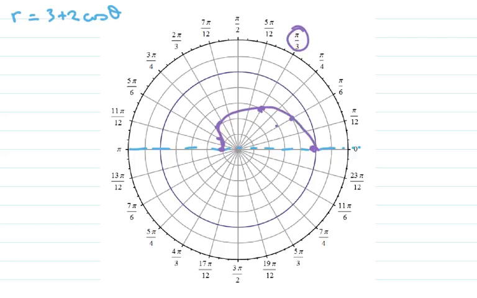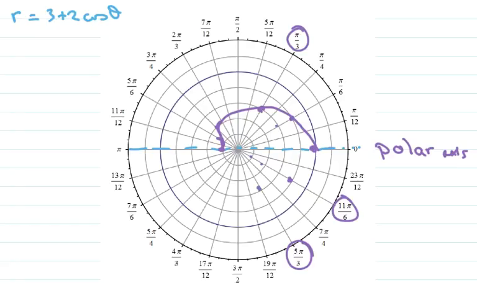Now, since I know it's symmetric to my polar axis here, I can just infer the rest. So 11 pi over 6 is going to go to 4: 2, 3, 4. My 5 pi over 3 is going to go to 3. So it's going to be 1, 2, 3.